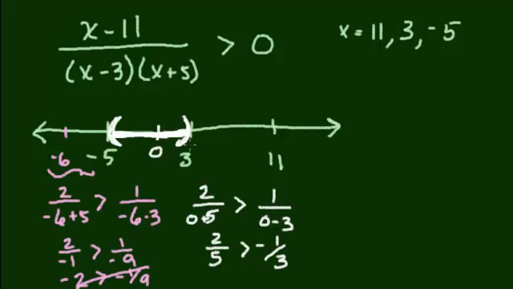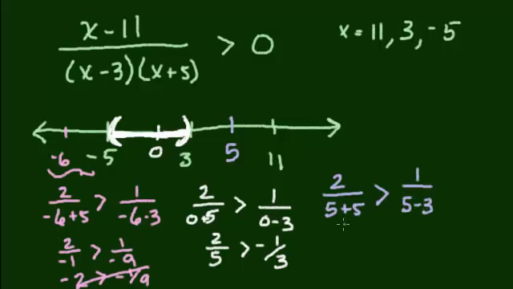So let's get a nice purple here and choose a number in between 3 and 11. How about 5? So I've got 2 over 5 plus 5. Is that greater than 1 over 5 minus 3?